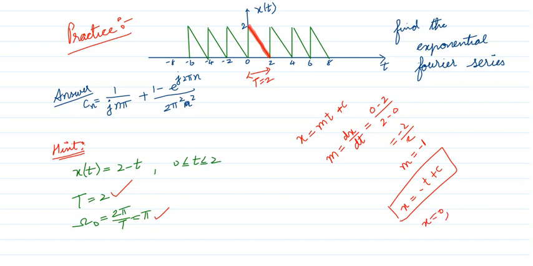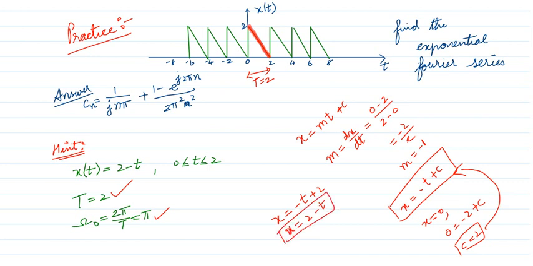When x becomes 0, t value is 2. So 0 equals minus 2 plus c, so c equal to 2. Now put this 2 here. So x is equal to minus t plus 2, or I can write this as 2 minus t, between the time 0 to 2.